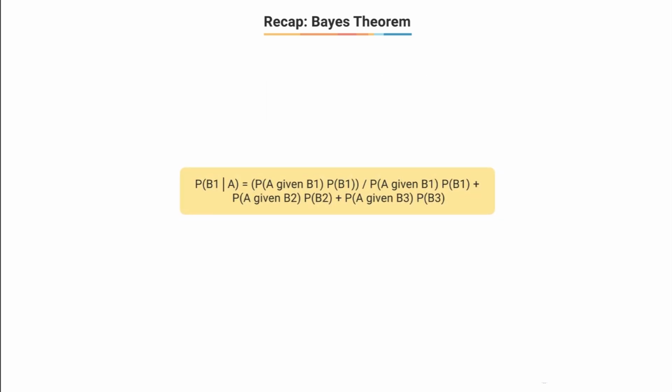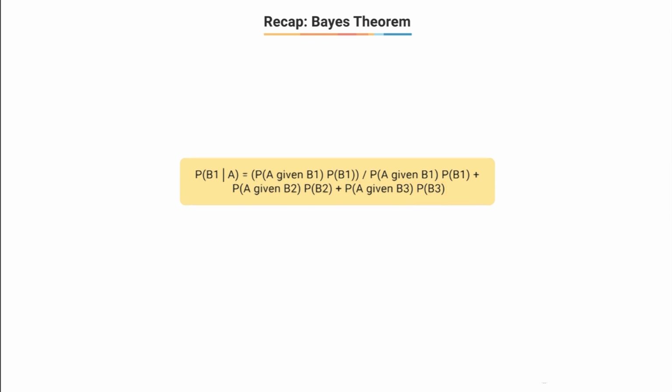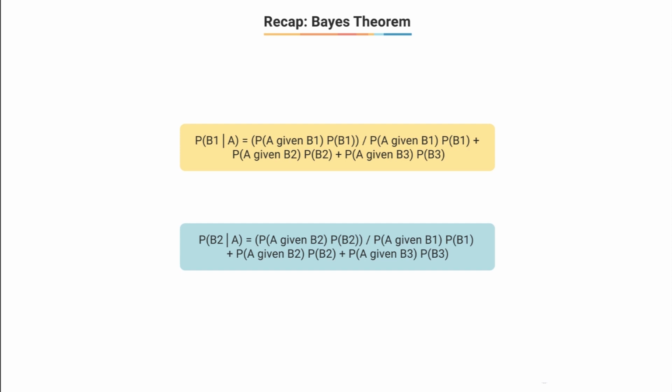Hence, probability of B1 given A equal to probability of A given B1 into probability of B1 divided by the summation of probability of A given B1 into probability of B1 plus probability of A given B2 into probability of B2 plus probability of A given B3 into probability of B3. Similarly, we can also write probability of B2 given A equal to probability of A given B2 into probability of B2 divided by the same summation.